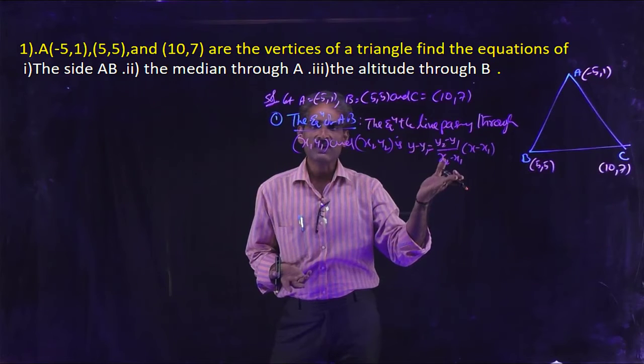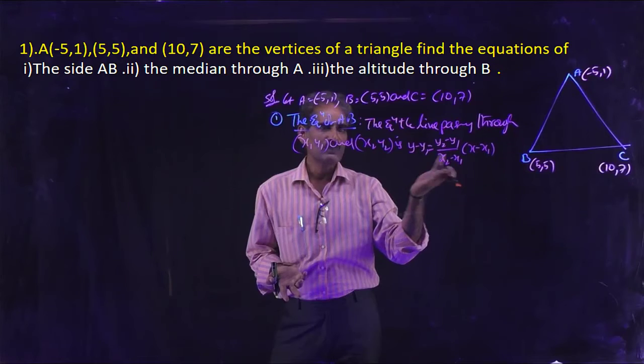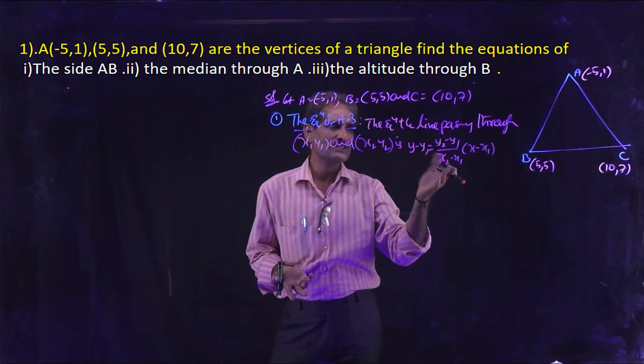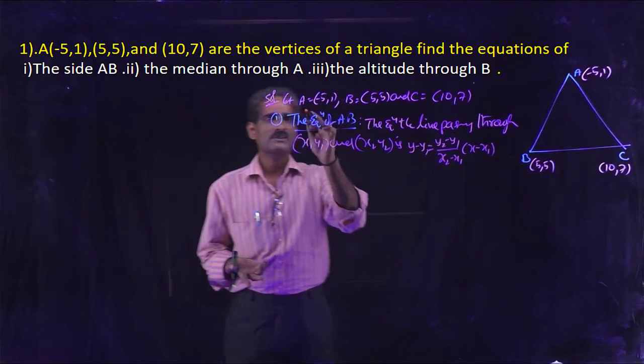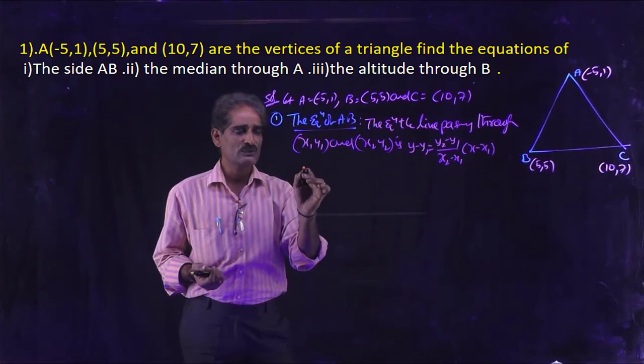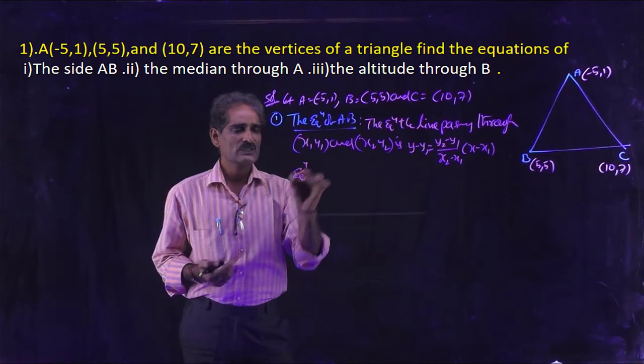This is nothing but two-point form. If you simplify it, we will get (y minus y1)(x2 minus x1) equal to (x minus x1)(y2 minus y1).